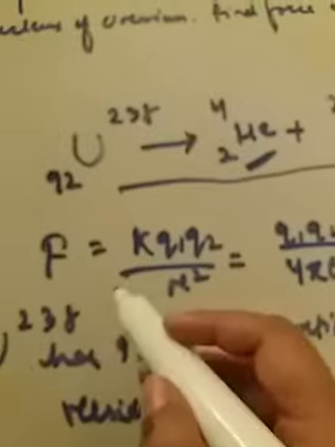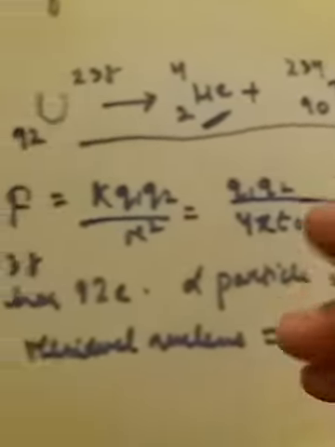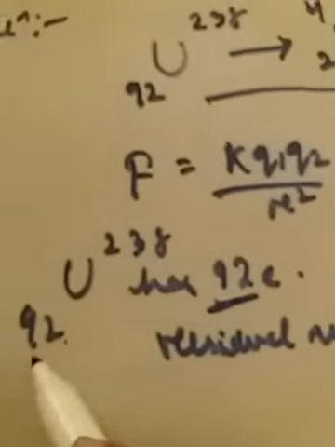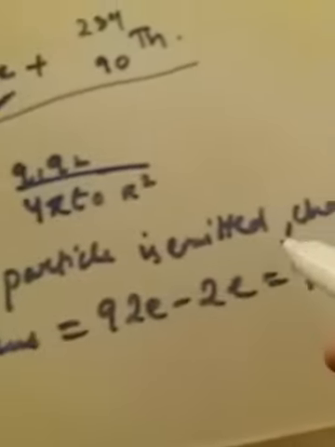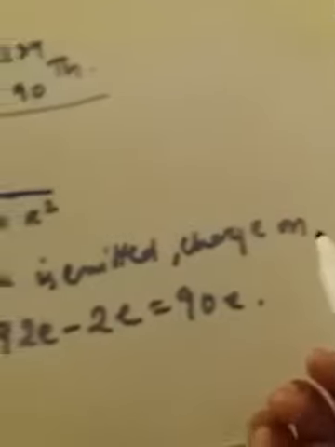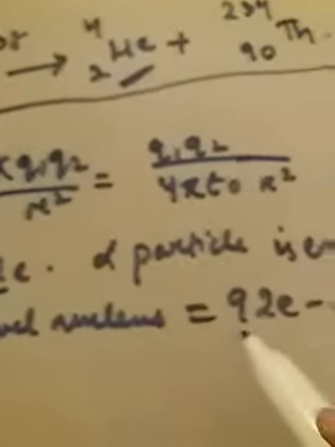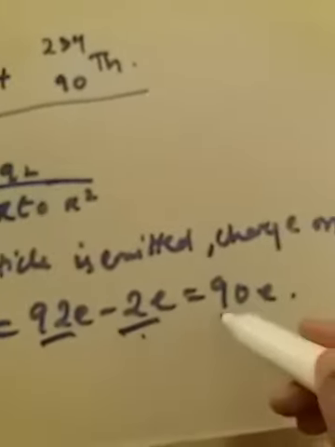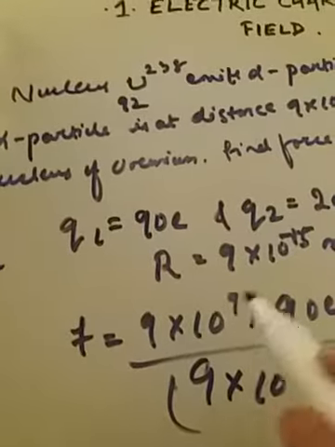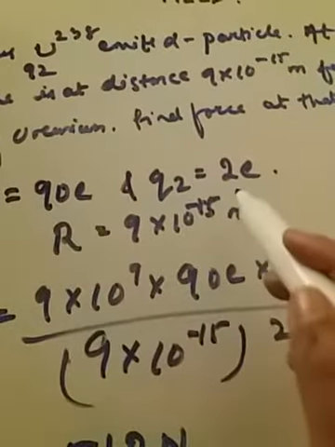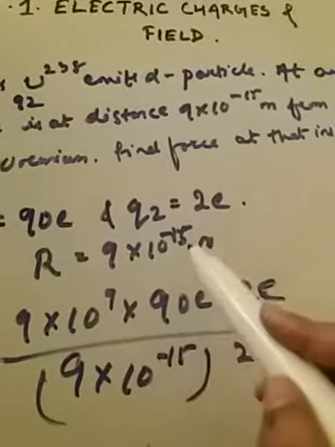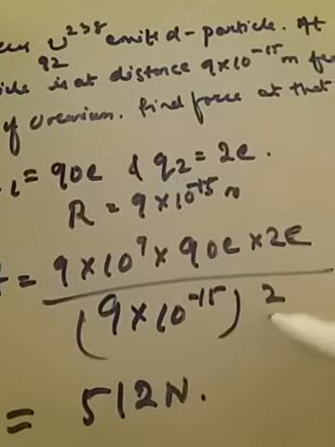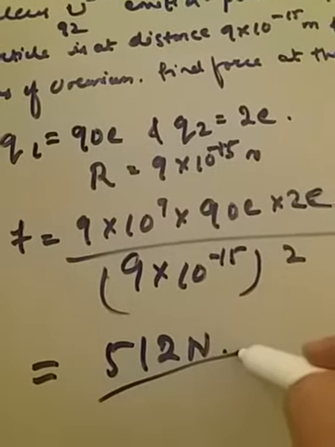Then uranium-238-92 has 92 protons. The alpha particle is emitted, it has 2 protons. So the charge on the residual nucleus is 92 minus 2, which gives 90 e. So Q1 is 90 e and Q2 is 2 e. R here is given as 9 into 10 to the power minus 15 meter. So F is equal to K Q1 Q2 by R square, and the answer will come to 512 Newton.